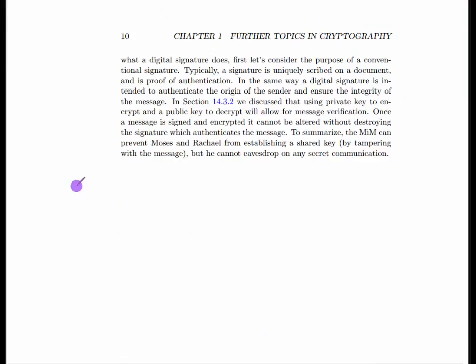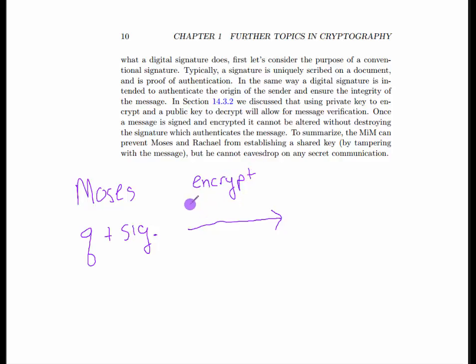So here we have Moses. He has his Q, which is public knowledge, and then we have plus a signature. And then he's going to encrypt that with a private key.